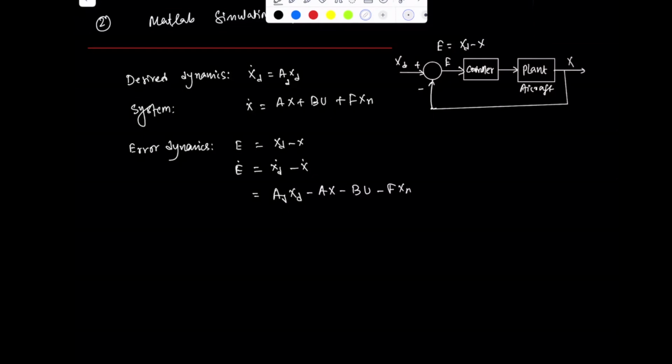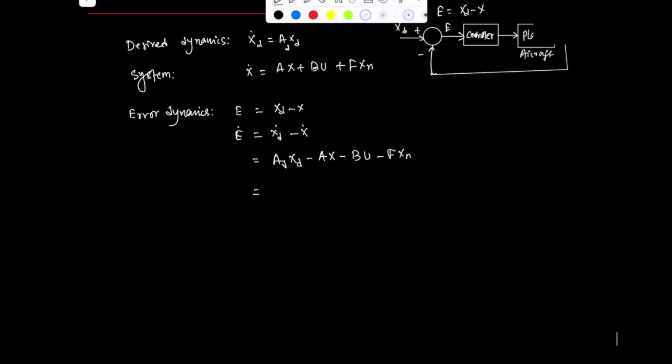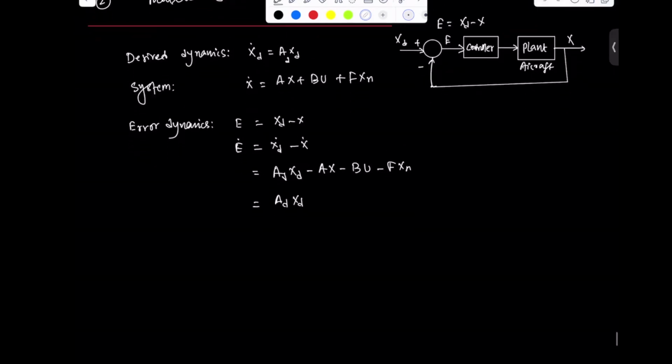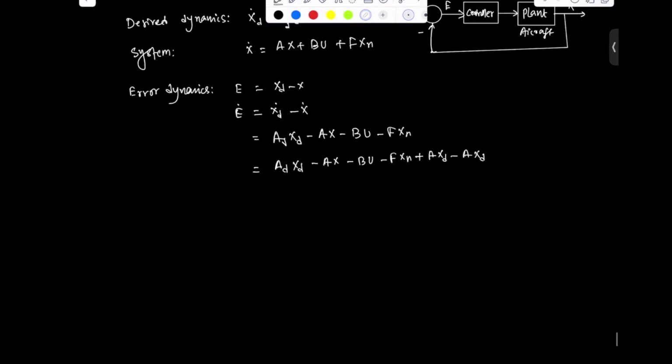Here we are doing some manipulation: AD xt minus Ax minus Bu minus f xn, plus Axt minus Axt. To make it simple in closed loop form, that's why we have one term added and subtracted here.